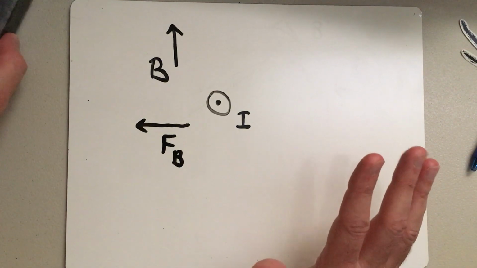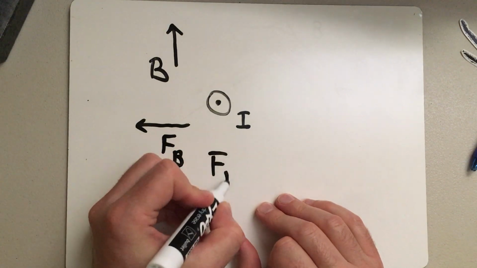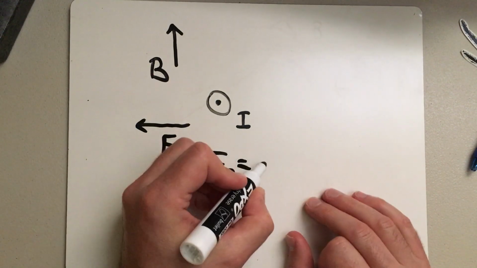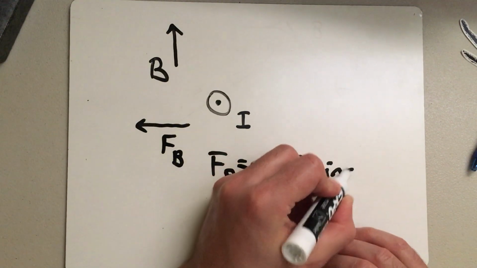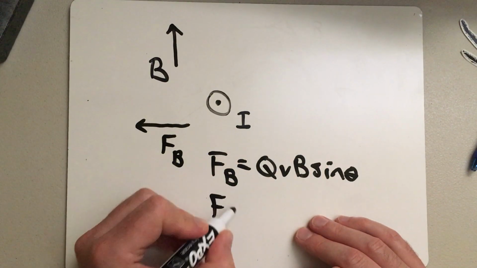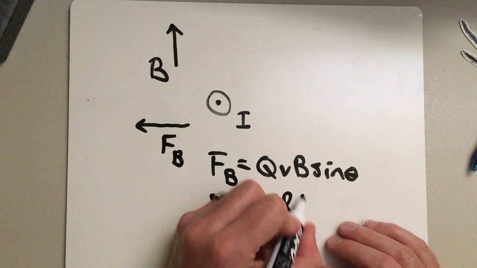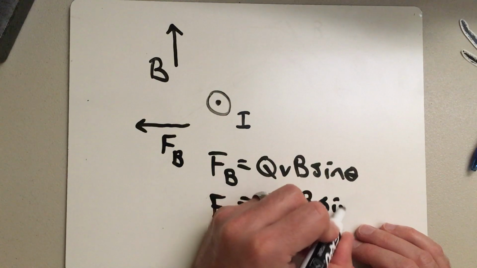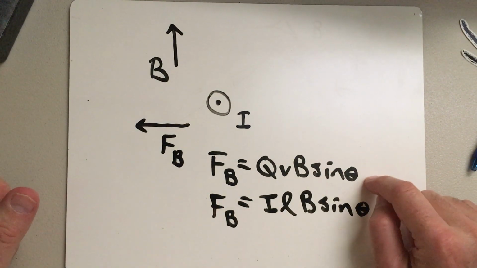A couple of things I need to point out in the formula. It doesn't matter if you're doing it for the charge or for a current. In both cases, we've got this sine of theta.